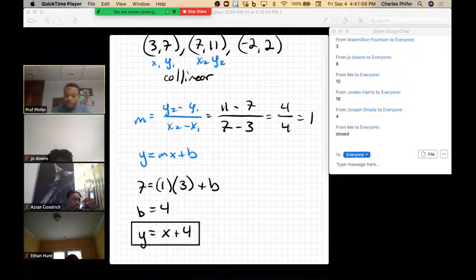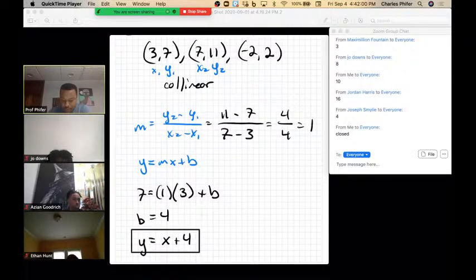So let's see if this works for all the points. When x is 3, y is 7, that checks out. Oh, wait a minute. We made a mistake somewhere. Let's back up. 11 minus 7 is 4. 7 minus 3 is 4. That's a 1.